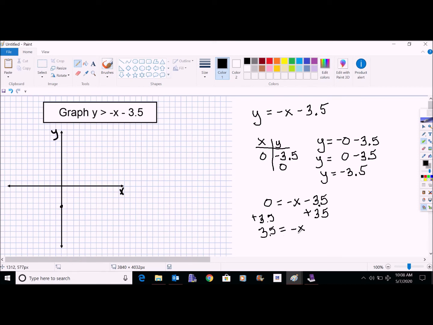And then if you have the hidden 1, sometimes that helps to think about dividing by negative 1. So that means that x equals negative 3.5. So x-intercept 1, 2, 3.5 right here.